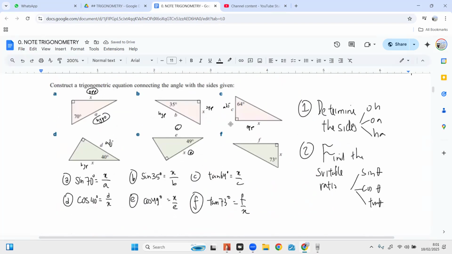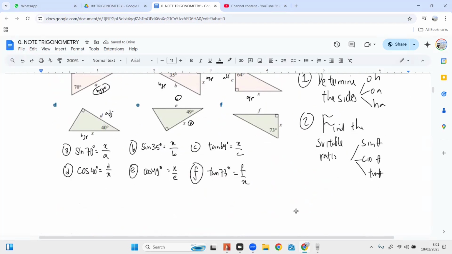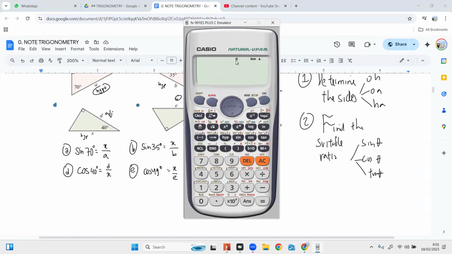Make sure that your calculator is in degree mode. Check your calculator, guys. Everyone check your calculator. The top side has to be D, which stands for degree. But if you want to convert into radian, you can do this as well. Shift mode 4. 4 stands for radian.